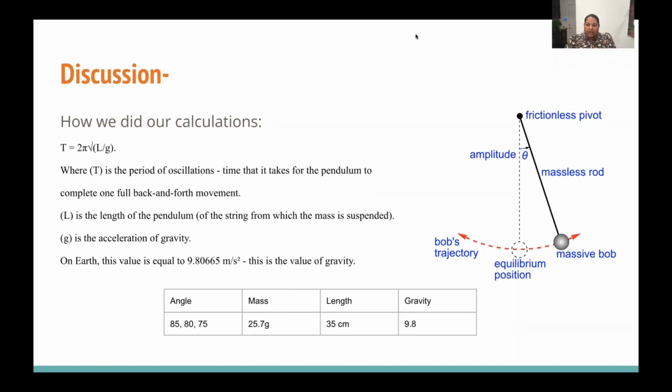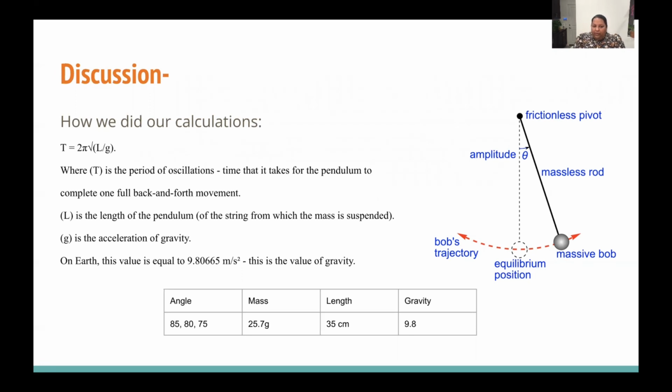Thank you. Hi, my name is Navneet Kaur, and I will be going over the discussions and the conclusions. For our lab, we basically had a frictionless pivot, which we tied a string off to a mass, and we set a desired angle that we wanted to test this hypothesis on.